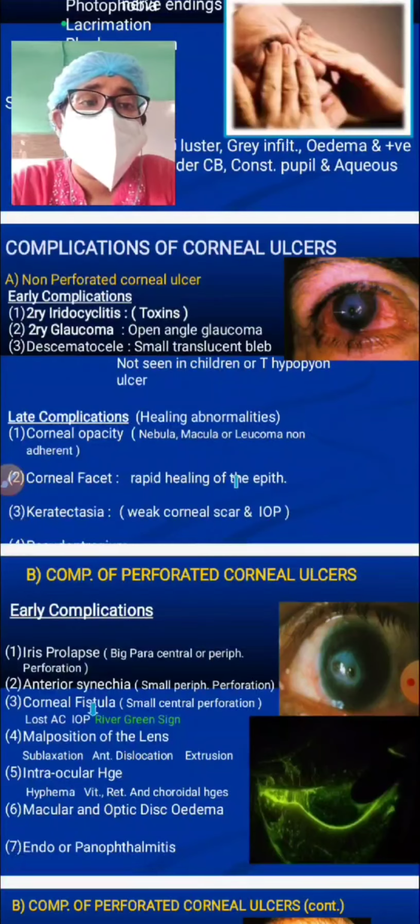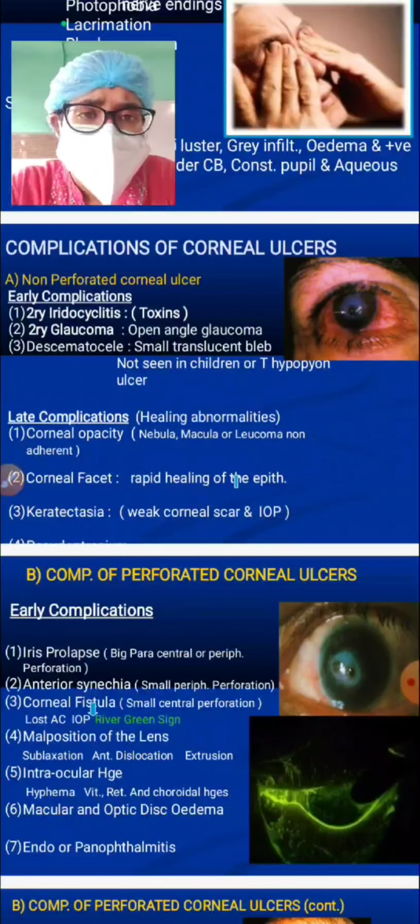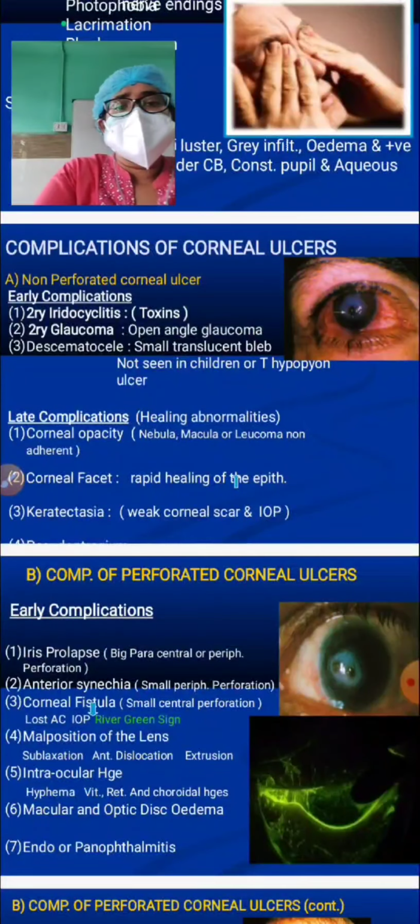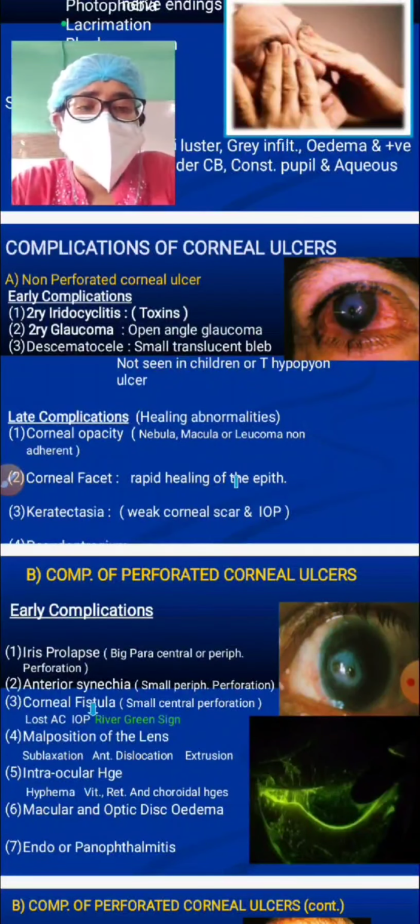You apply either a bandage contact lens or tarsorrhaphy, because you need to prevent friction, and you need epithelialization and granulation tissue to form above the descemetocele. And you need to go on with the hormone management. I will come to that later.